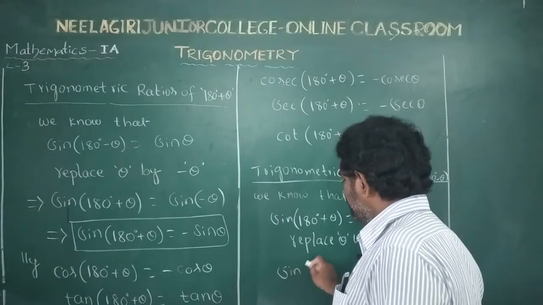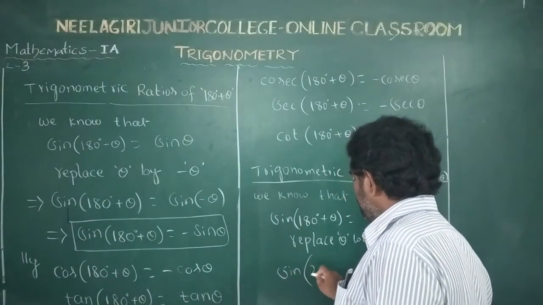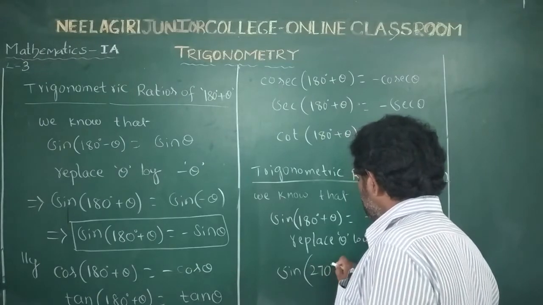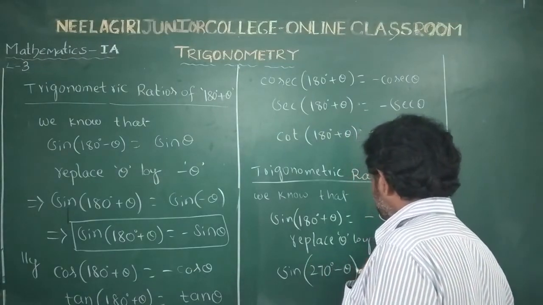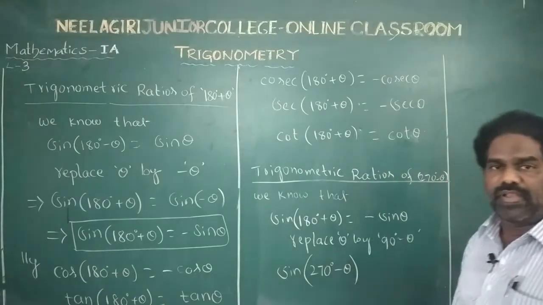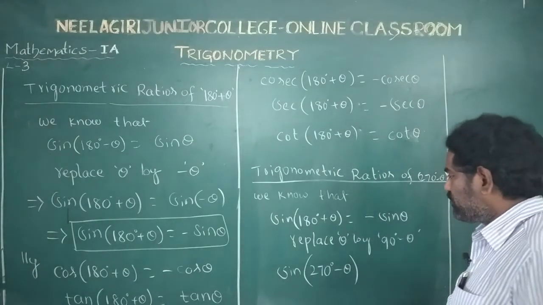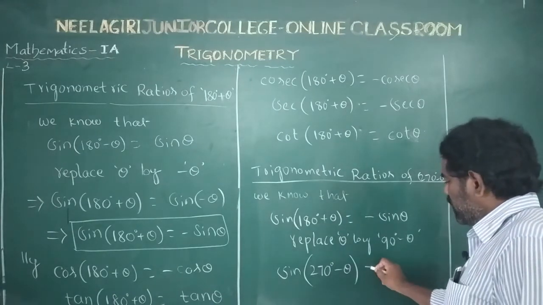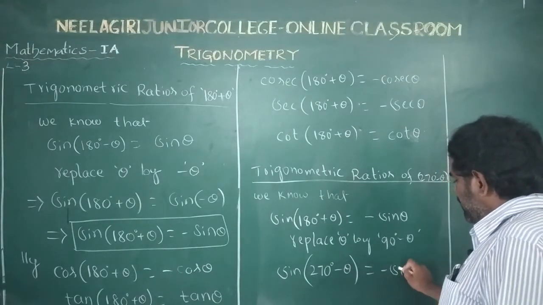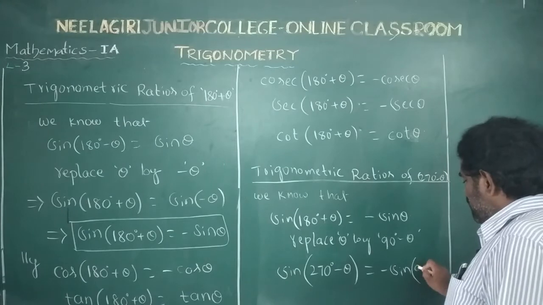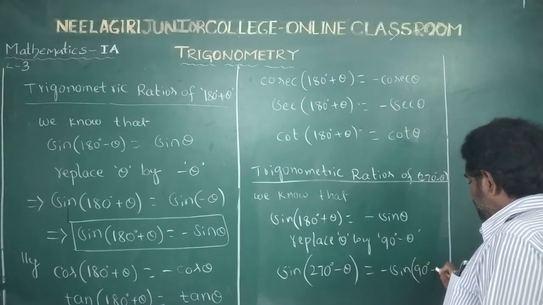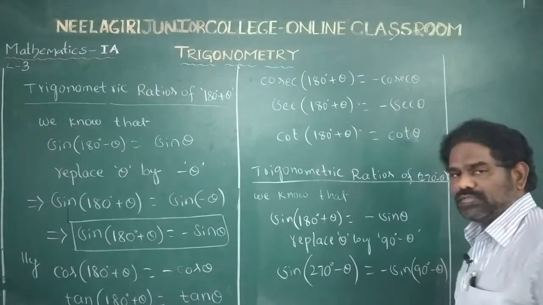Sine of 270 minus theta will come on the left side. Understand? Now on the right side, minus sine of 90 minus theta.